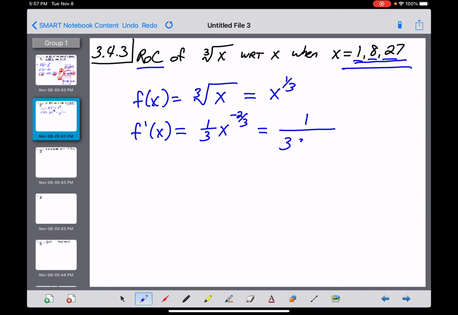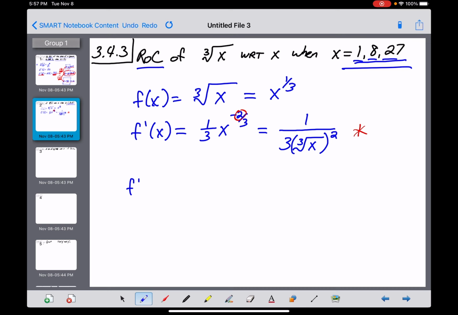The 3 in the denominator makes this a cube root of x, and the square, from that exponent right there, can either go right here or it can go out here, not both. And since those numbers they gave me happened to be perfect cubes, I think it's a better idea to do the cube root of those numbers first, which will make them much smaller, and then square that result. So I'm pretty happy with this expression right here of our derivative.